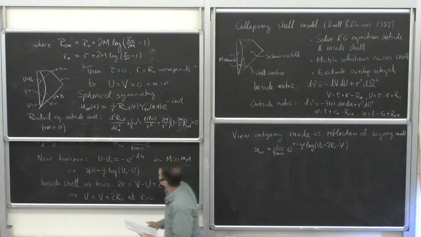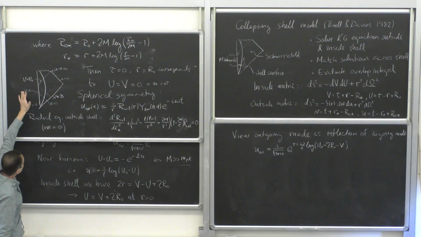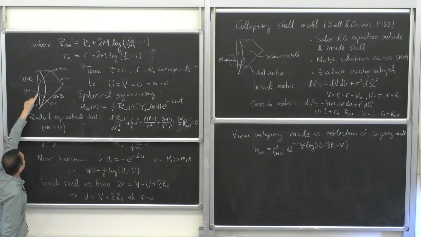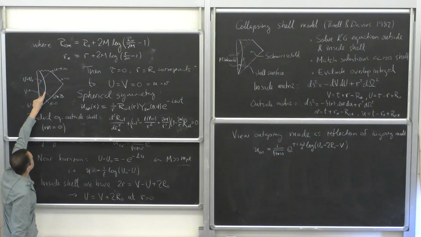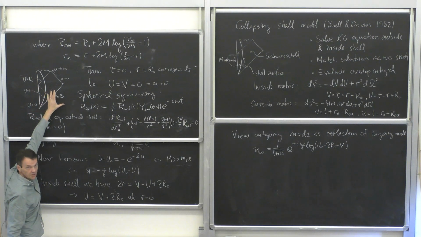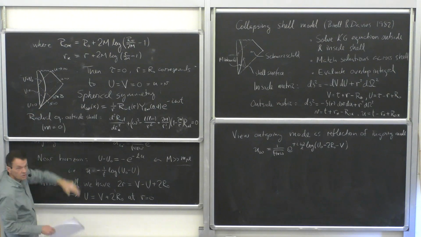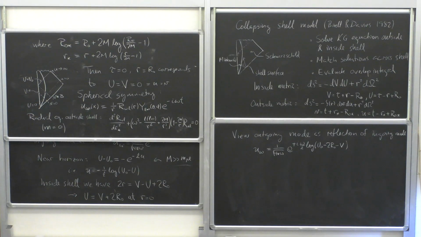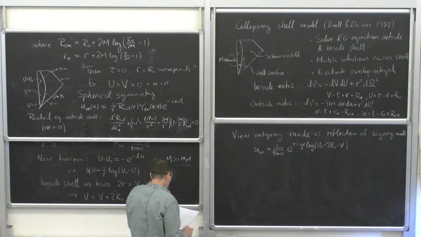Now we're doing a matching somewhere far away. So I have some coordinate here, capital V, so this is the point where I'm doing the matching. Now, both of these coordinates, if I have a large shell, are just different coordinates of the local, asymptotically Minkowski spacetime, right? So at best, they're going to be shifted by some constant. And it turns out that constant value isn't really going to be all that important for me.